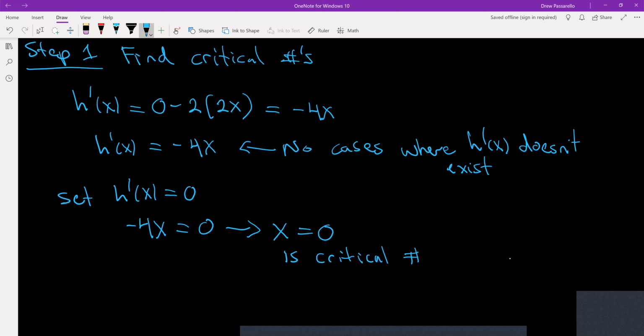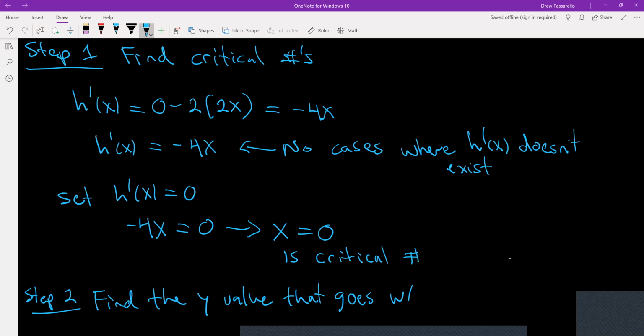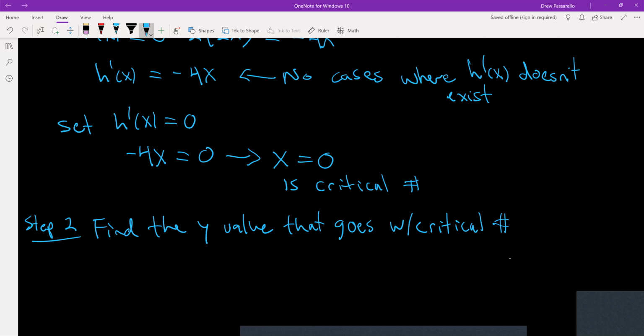Now I'm going to find what y coordinate goes with this critical number. Our critical number is 0. I need to plug this into the original function. The original function is h of x equal to 5 minus 2x squared. So I plug 0 in for x.